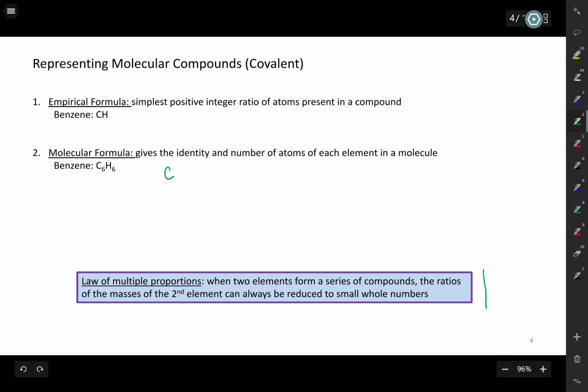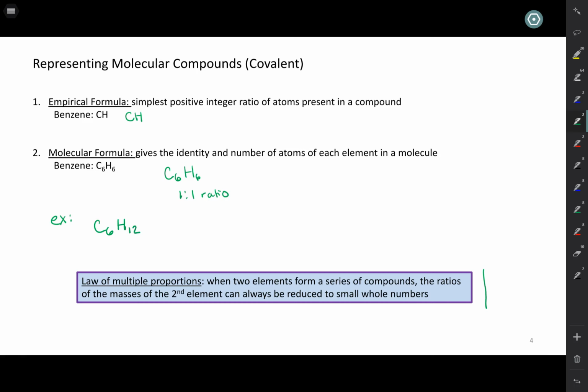If benzene has C6H6, well, that means it's just a 1-to-1 ratio of carbon and hydrogen. So the empirical formula then is CH. Let's do another quick example. If we had a molecular formula of C6H12, now this is a 1-to-2 ratio.